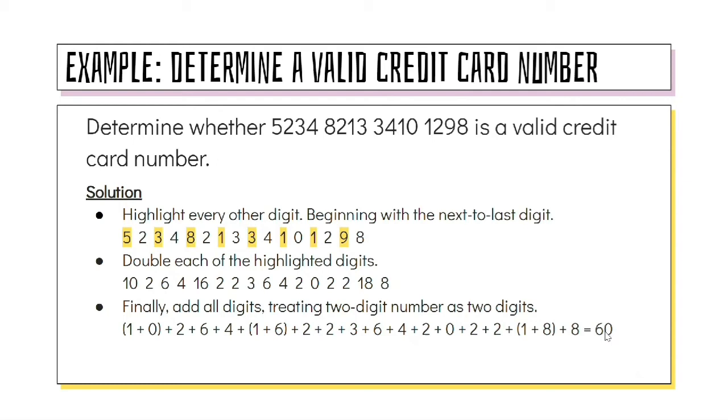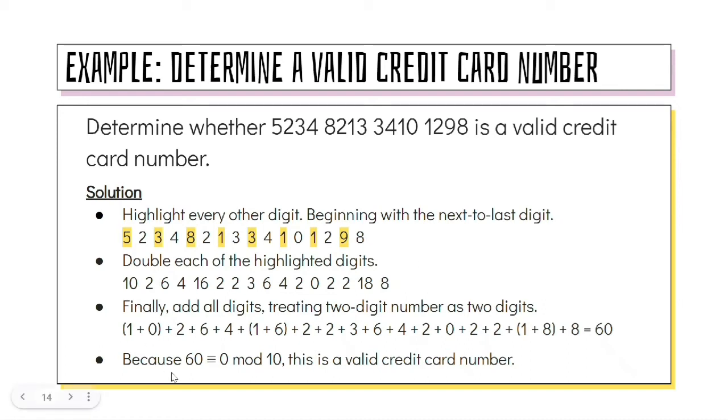And what does the Luhn algorithm say? If the result of adding all the digits is congruent to 0 mod 10, then the credit card number is valid. So in this case, 60 is congruent to 0 mod 10, since if we divide 60 by 10, the answer is 6, a whole number, with no remainder.